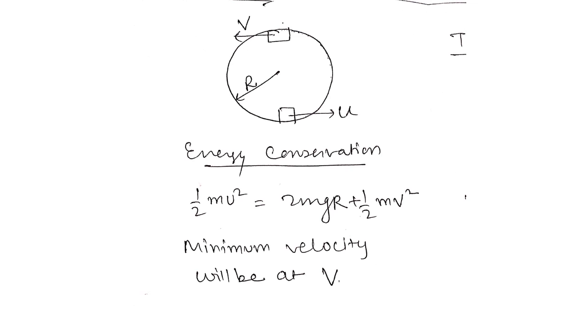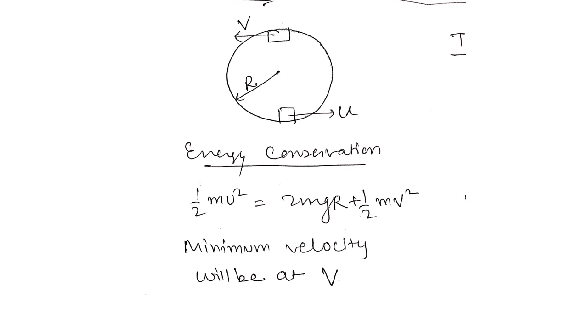The total energy at the lowest point is half m u square, which has been written on the left side, and on the top side, I have assumed the velocity v, and here the total energy will be 2mgr plus half m v square. That is, potential energy is 2mgr and kinetic energy is half m v square.